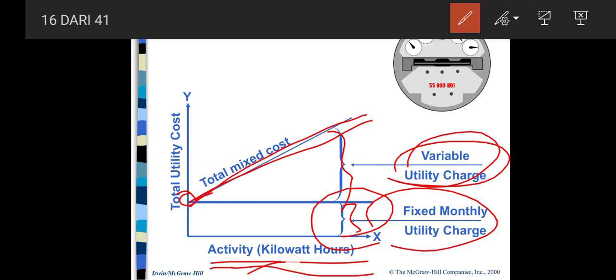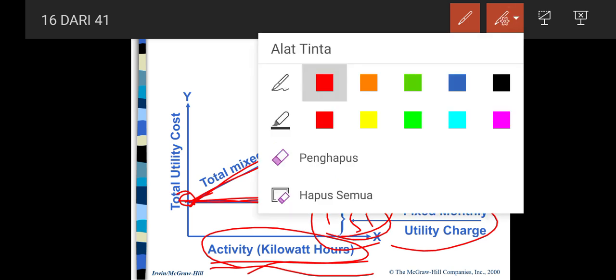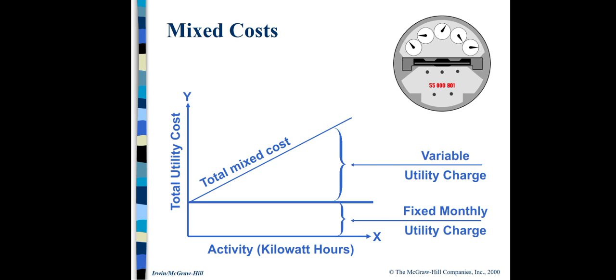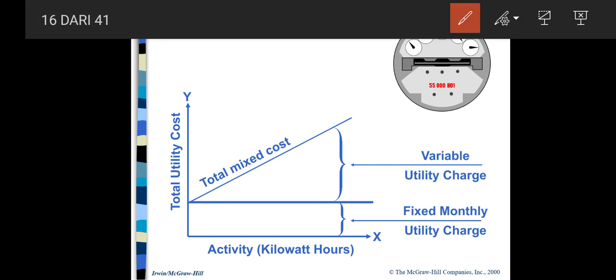Perawatan yang semakin meningkat kalau misalnya aktivitasnya semakin meningkat. Sementara kalau fixed cost depresiasi dia akan tetap, walaupun aktivitasnya meningkat dia akan tetap sama total utility cost-nya. Nah, itu dia mixed cost ini menggabungkan dua hal ini. Jadi dia akan sama di titik tertentu, and then will increase along the activity, the increase of activities when it reach the point.